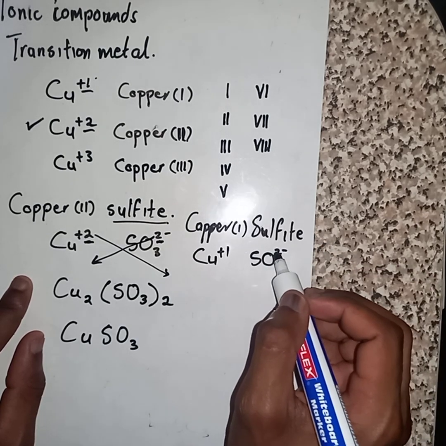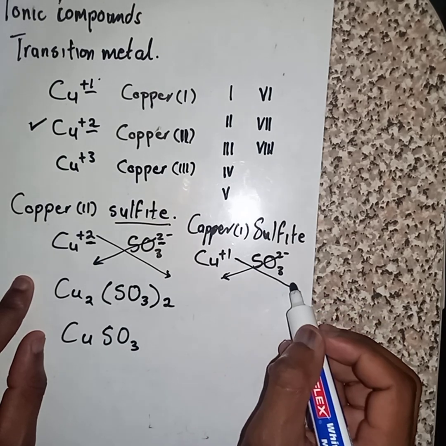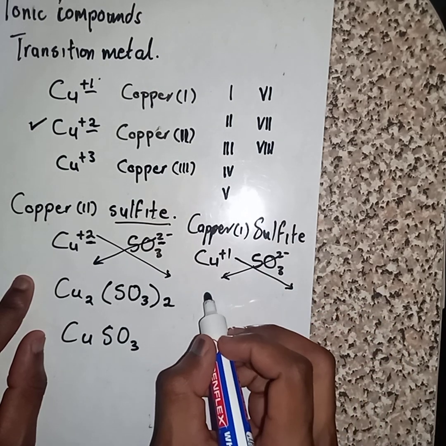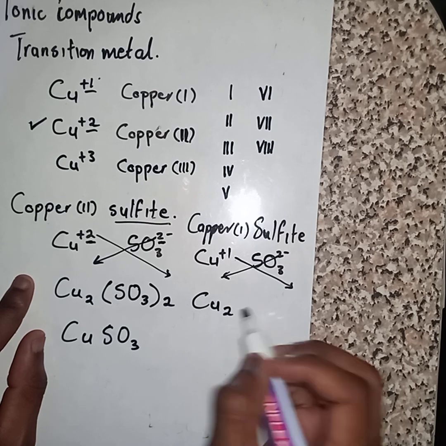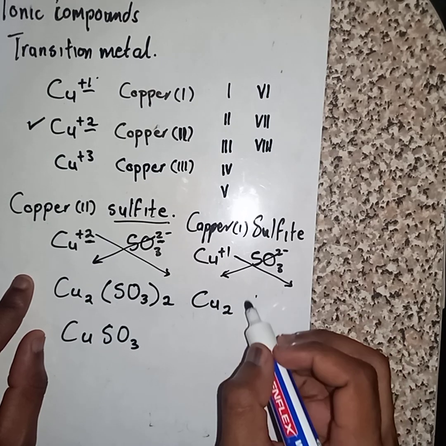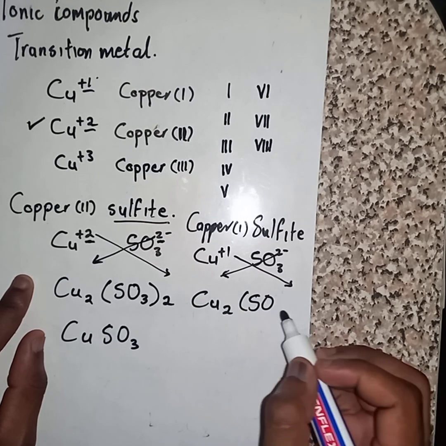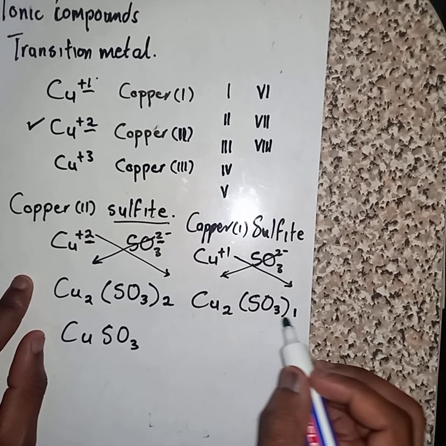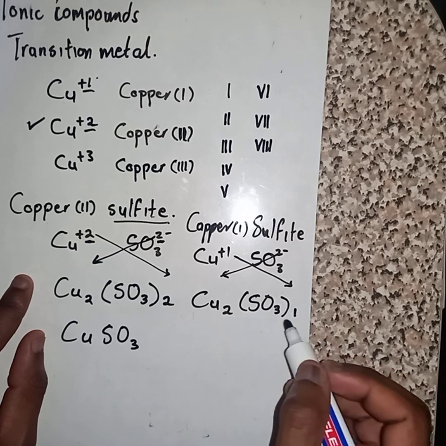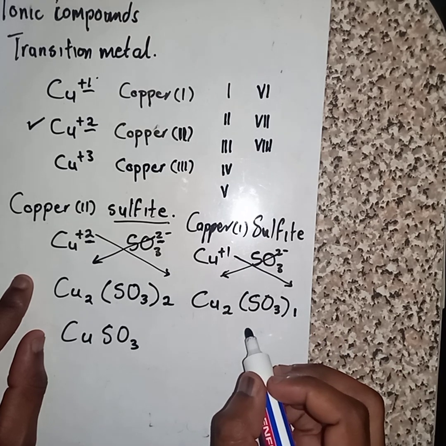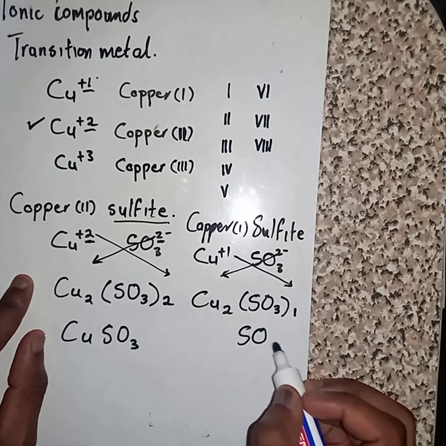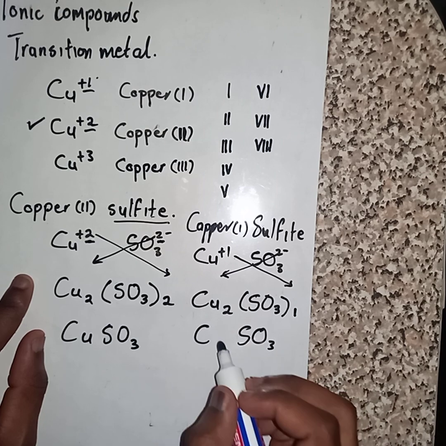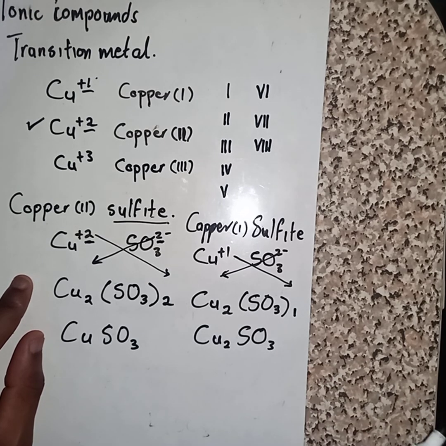Then you cross. Then Cu is going to receive 2. Then you open bracket for this one. It's going to be 1. We know that 1 doesn't affect anything. At the end of the day, it's going to be SO3 with Cu2. You see?